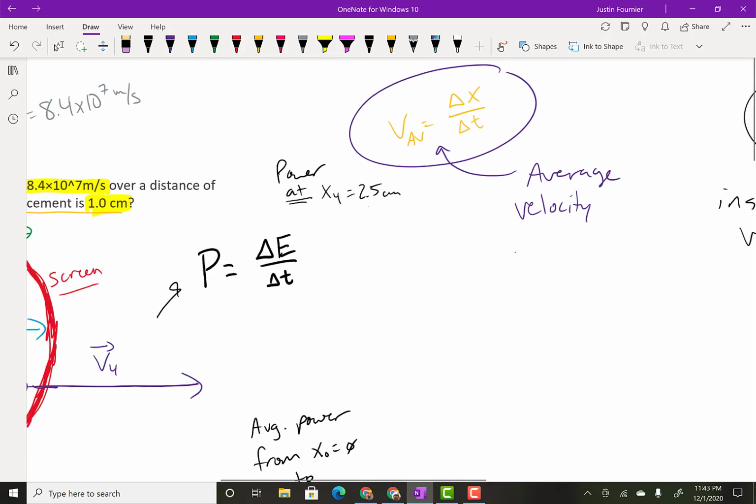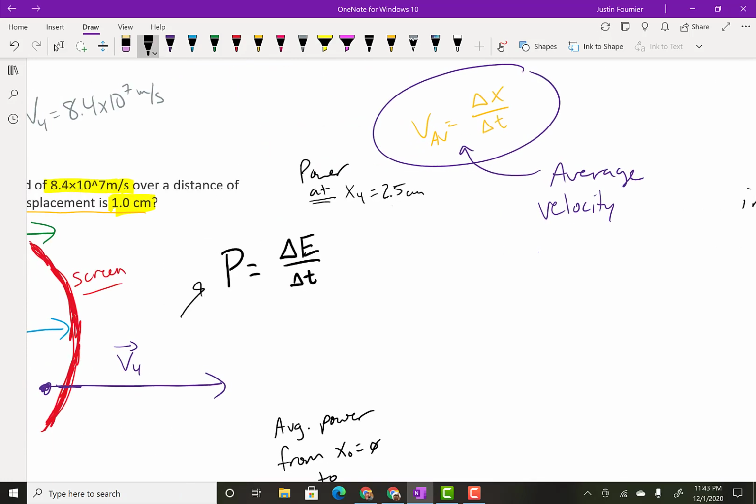Okay, so in the video I showed you, I talked about average power being the change in energy over the change in time. I also said change in energy is equal to the work done.